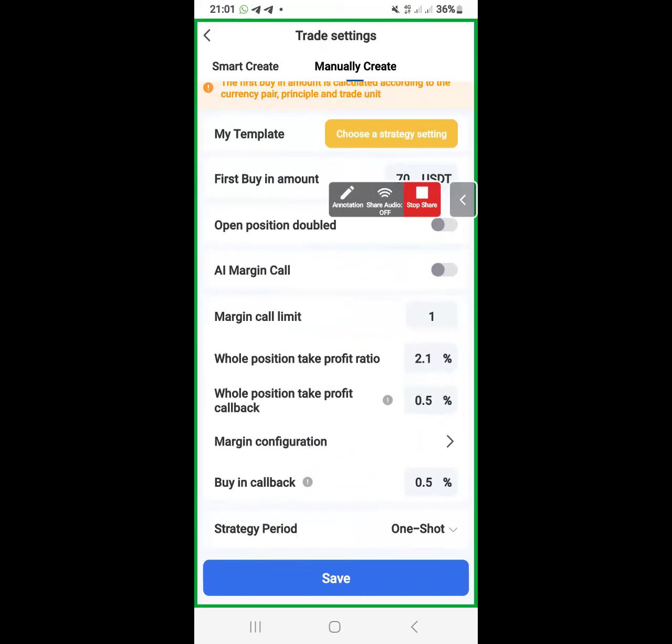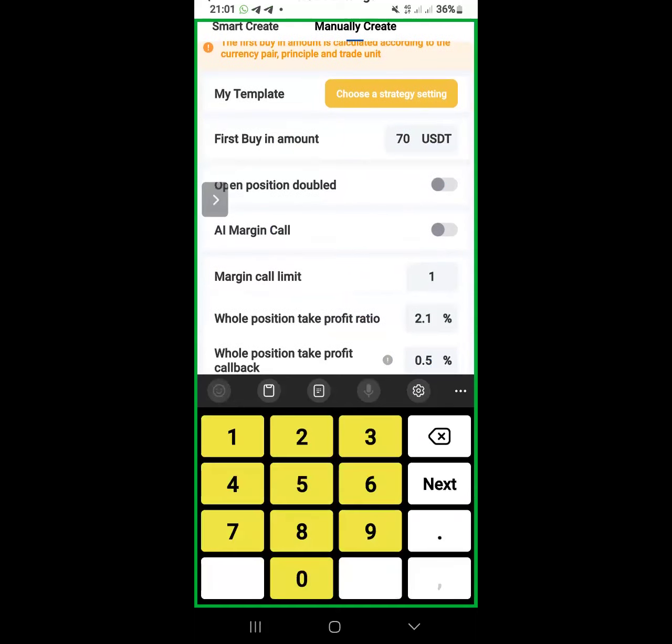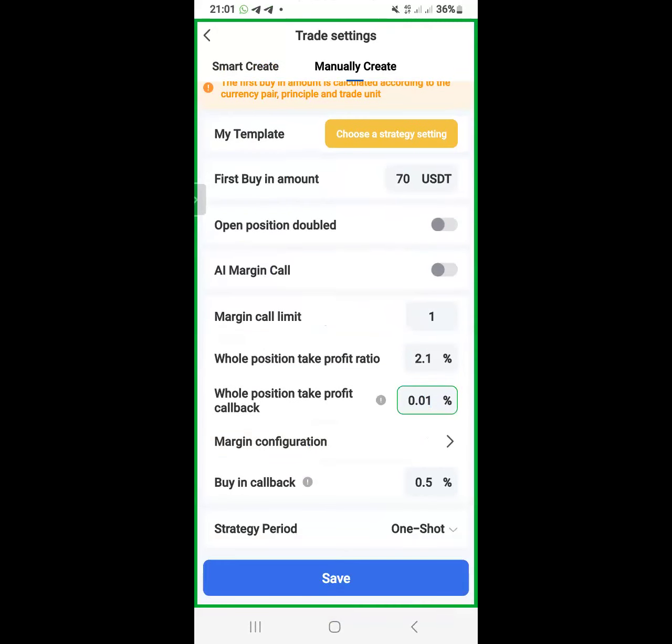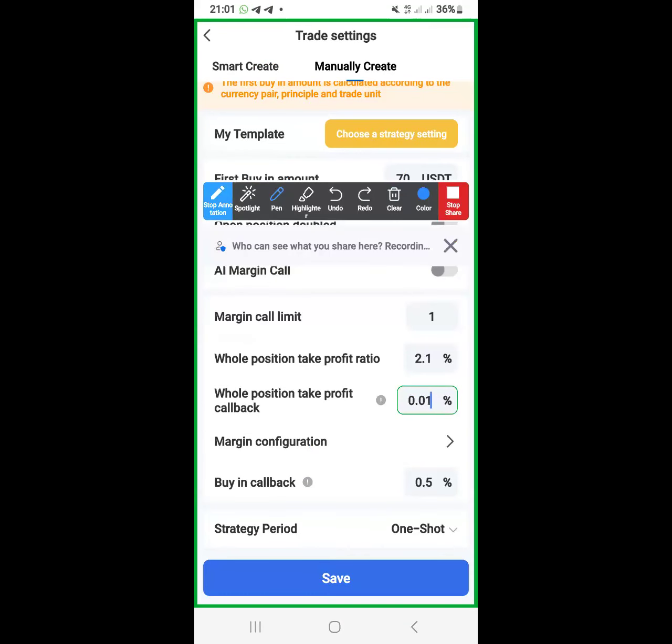Okay. And then, it is always recommended here that you can put a small figure. There's no problem. A small figure, or you can even put a 0. If you want exactly this take profit, the way it is, you can put a 0 here.